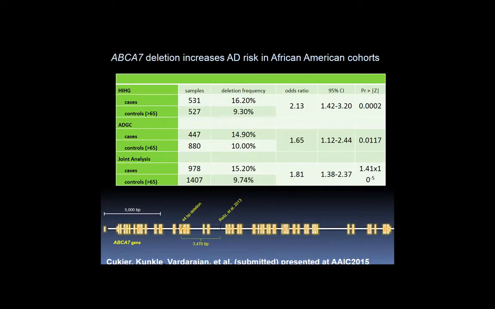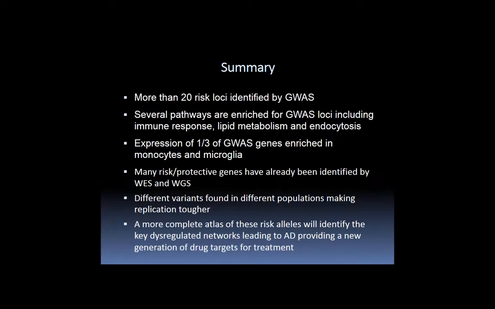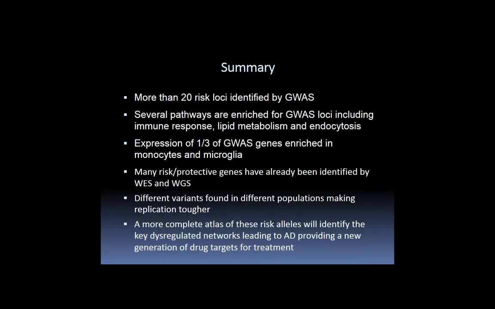So all of this will be online if you want to go through it. I guess this is a summary then, right? There are more than 20 loci from these GWAS in Alzheimer's disease. This I didn't go into, but I think it's a really important point in terms of thinking about how you go from those GWAS findings.